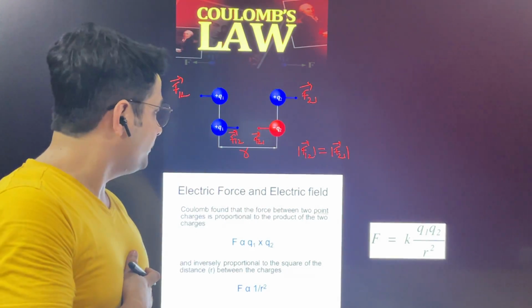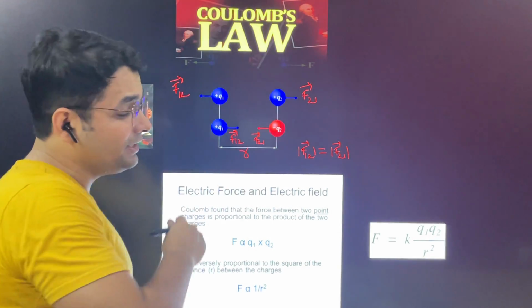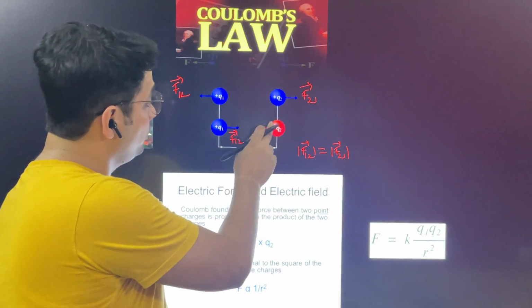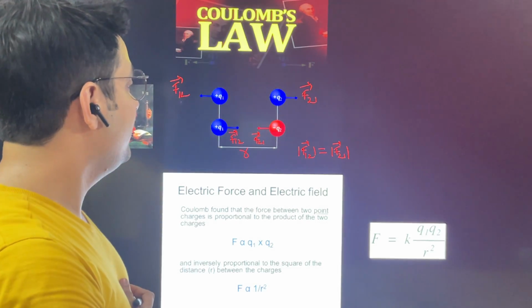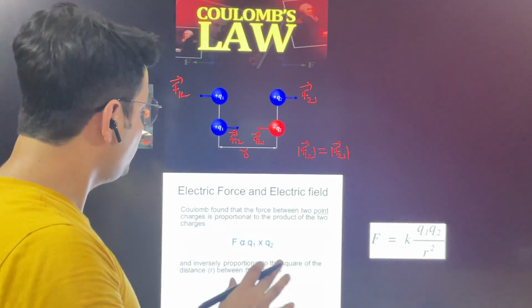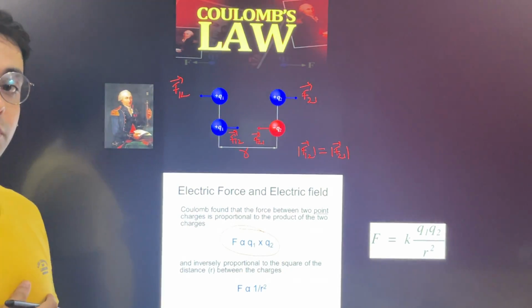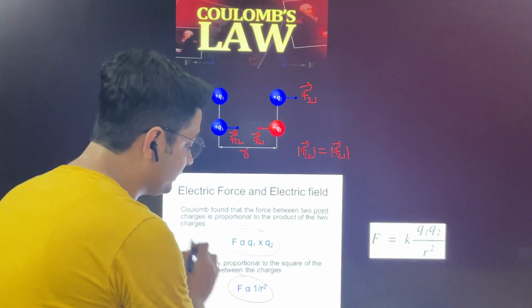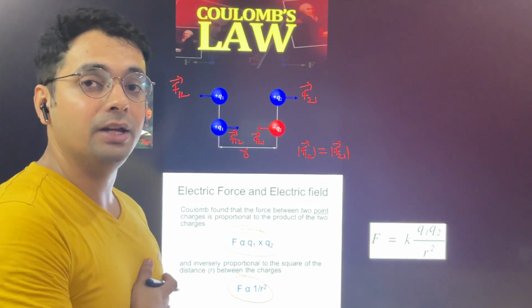Or vice versa, the force by which charge q1 is attracting charge q2, with the same force charge q2 will attract charge q1. The magnitude of these forces is proportional to the product of the charges, that means F is proportional to q1 into q2, and it is inversely proportional to the square of their distance. So F is inversely proportional to r square.